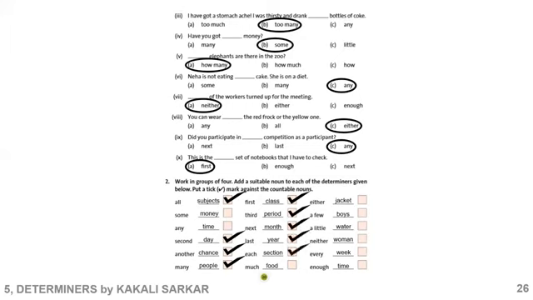Much food, no, food is not countable. Either jacket, yes, jacket is countable. A few boys, definitely a countable noun. A little water, no, water is not countable. Neither woman, yes, woman is also countable. Every week, week is countable.